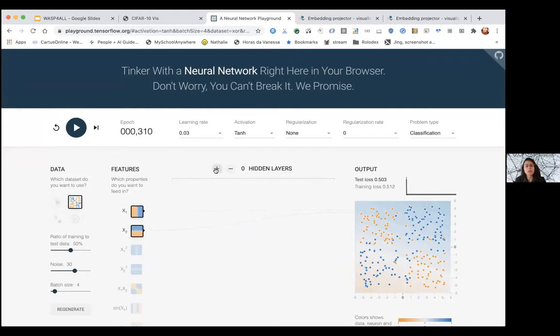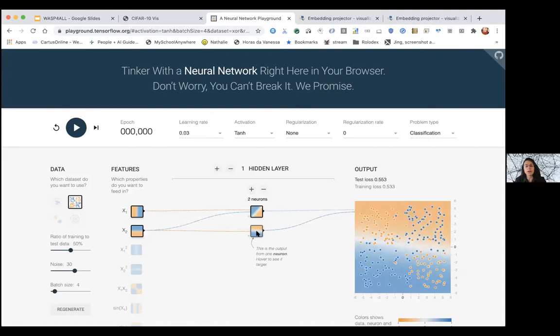So what I'm going to do is add a hidden layer, and each one of these squares is a neuron in this hidden layer. As I mouse over, you can see that I'm highlighting for you how each one of these neurons sees the world, how it partitions the world. And these are all very linear. So let's play my system again. It's not there yet.